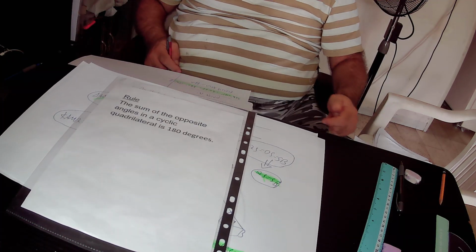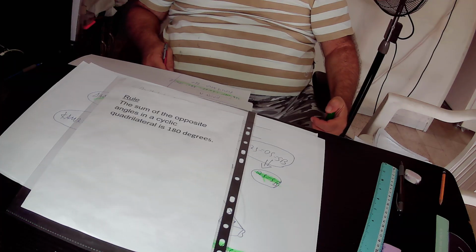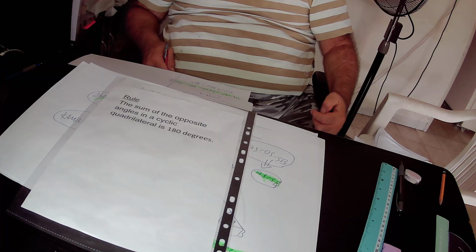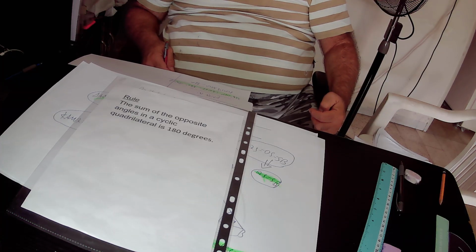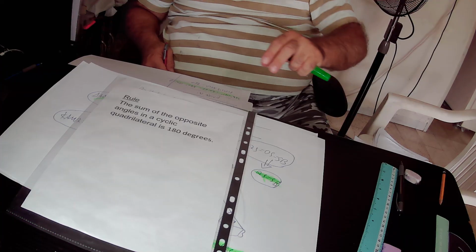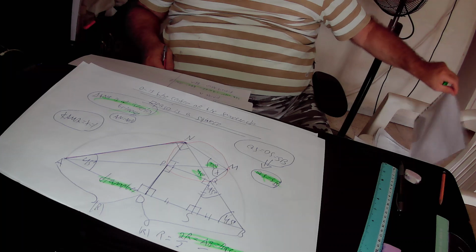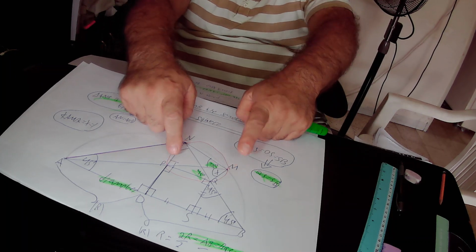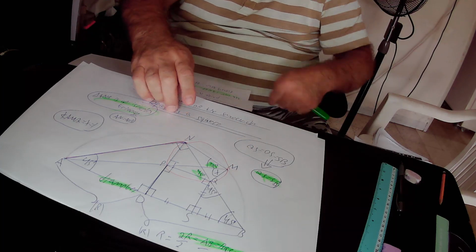According to the rule, the sum of the opposite angles in a cyclic quadrilateral is equal to 180 degrees. So according to the rule that I presented to you, the sum of those two opposite angles in the cyclic quadrilateral NMQP will be equal to 180 degrees.